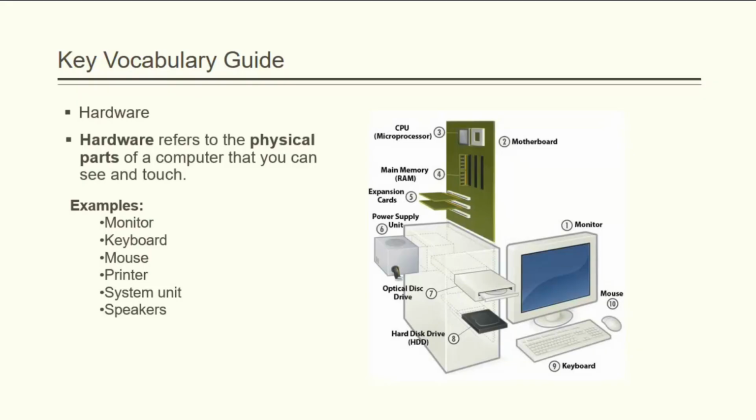You can see the power supply unit. You can see the keyboard, the mouse, and so many other things. So long as you can touch it and see it, we call it a hardware. Remember, if you can touch it, it is a hardware.